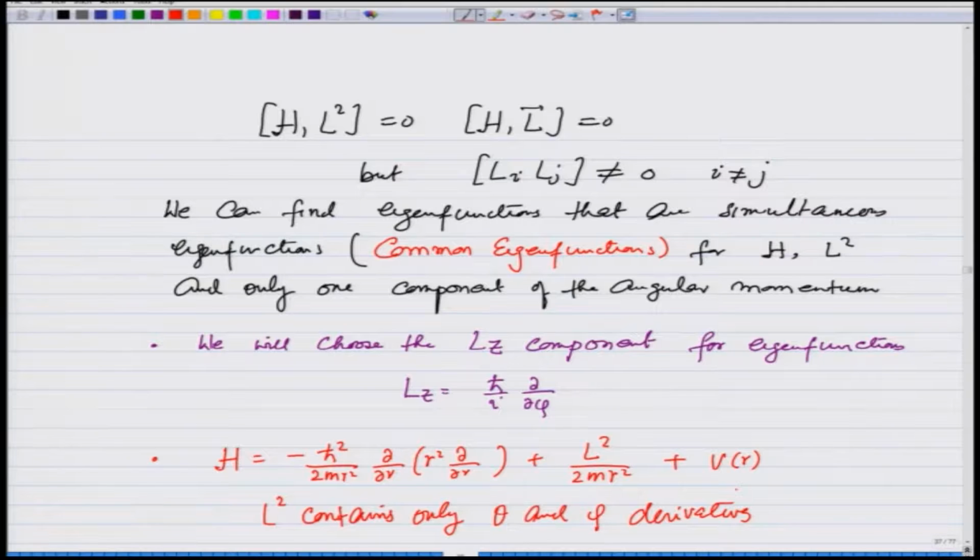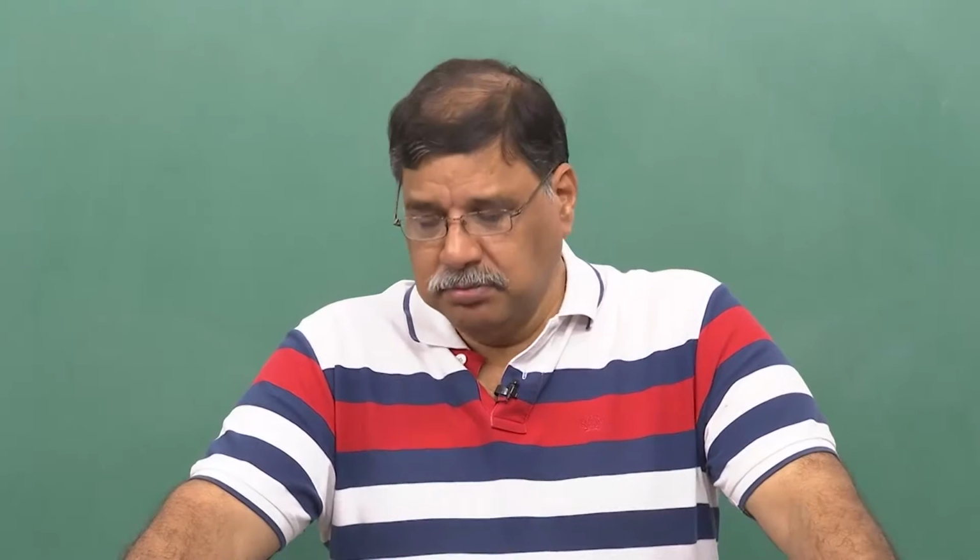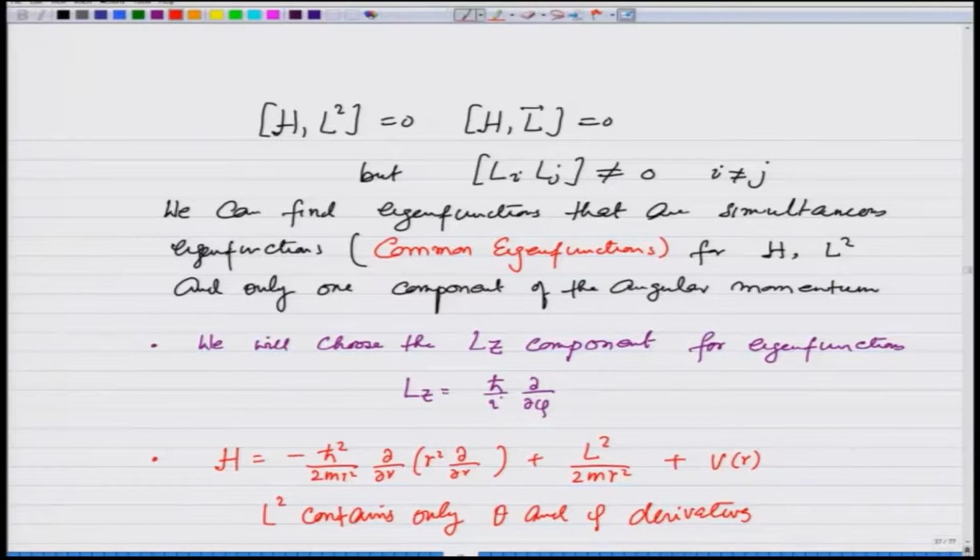And therefore, one can anticipate that the eigenfunctions of H, which are simultaneous eigenfunctions of L square, are going to be such that the eigenfunctions of L square are irrespective of what V(r) is, because this V(r) in the Hamiltonian does not really contain any theta and phi terms.